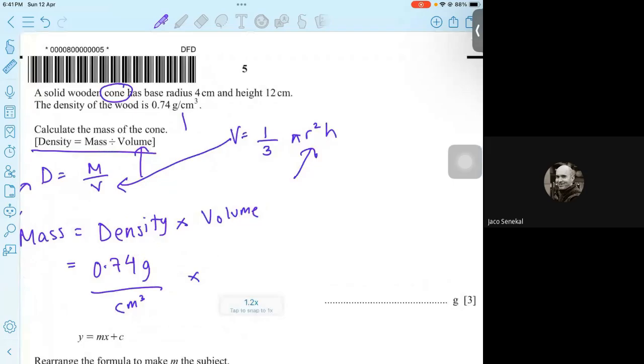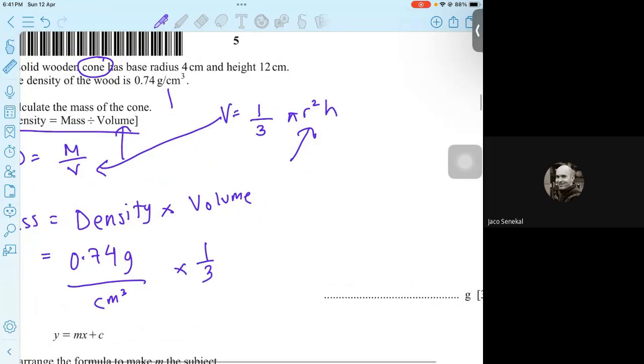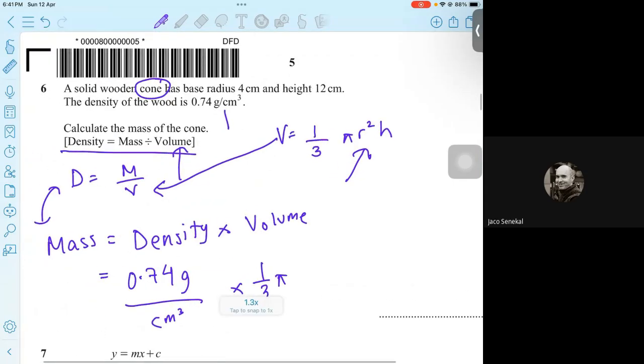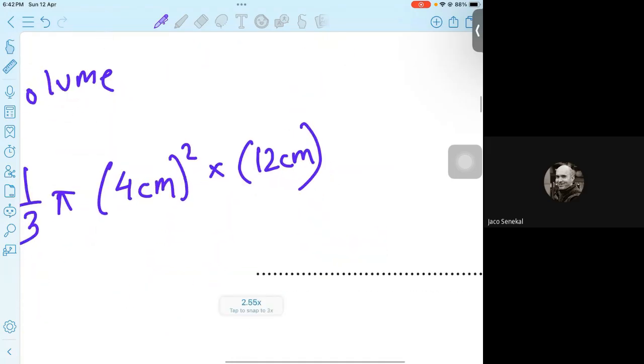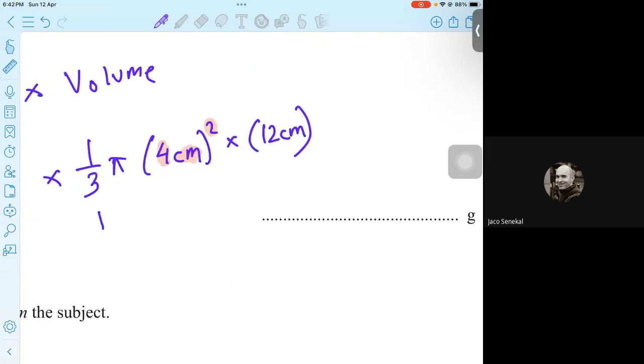The volume formula says 1 over 3 pi r squared. r is given as 4, so 4 centimeter squared, into the height, which is given as 12, so 12 centimeter. You can see that if I square the 4, my centimeter also gets squared, right? So from this, I should get 1 over 3 pi, 16 centimeter squared into 12 centimeter.